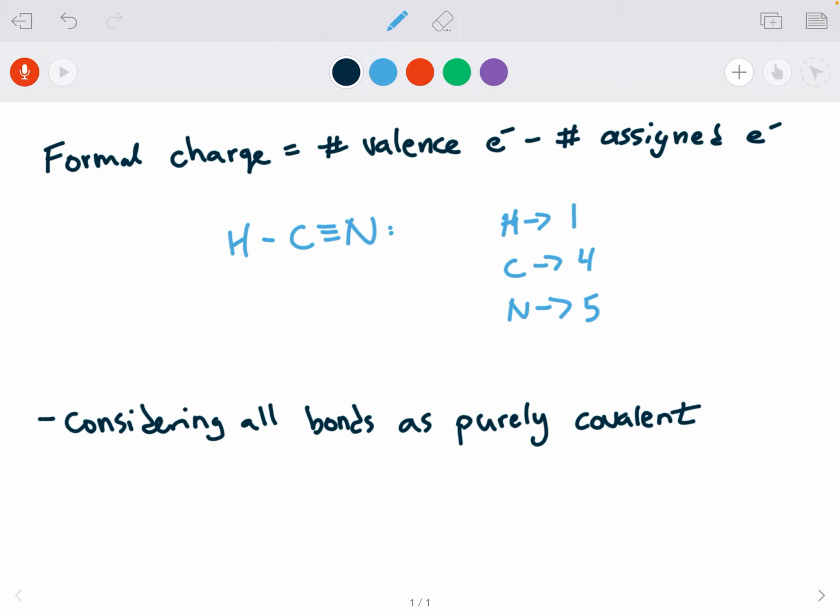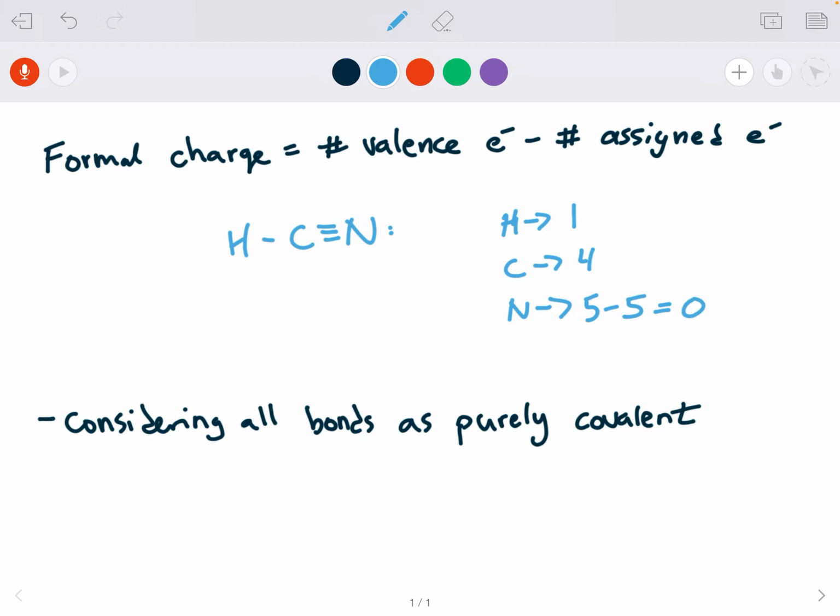So for nitrogen, we've got a triple bond between the carbon and the nitrogen. And that means we have 3 bonds between the carbon and the nitrogen. So the nitrogen gets 3 electrons total from those 3 bonds, 1 from each of the bonds. Then it has 1 lone pair of electrons that count as 2 electrons to give a total of 5 assigned electrons.